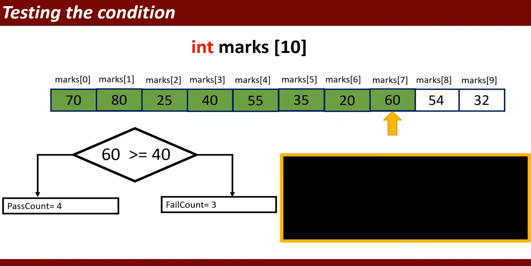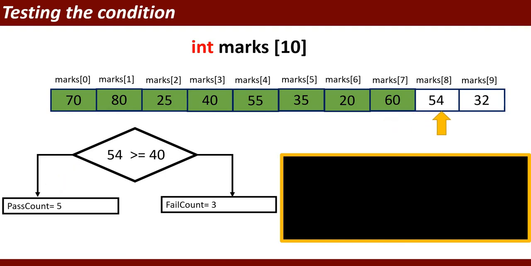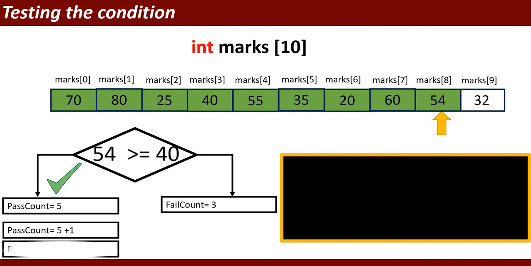Next, 60 is greater than equal to 40. Yes, it is true. It will increment in pass count, and pass count value will become 5. Next, it will check 54 is greater than equal to 40. Yes, it is true. And it will increment by 1 in pass count, and pass count value will become 6.